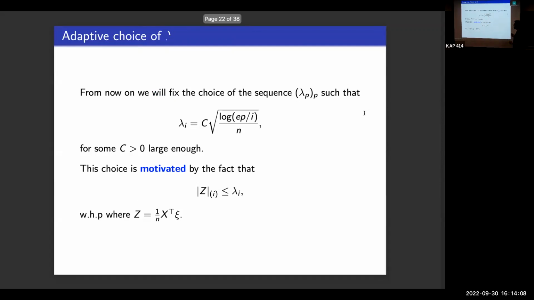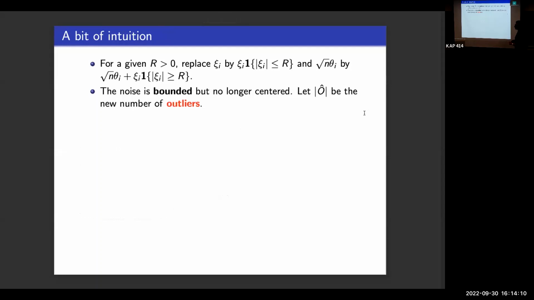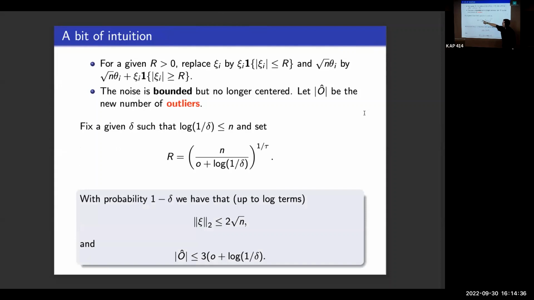But for the mu i's, you can think that your xi i's are not necessarily sub-Gaussian, so you can divide them into two buckets. One bucket where you are bounded by R, and whatever is above this level R, you can think of as outliers. So even within your noise variables, you can think of the largest ones above a certain threshold as outliers. And it turns out that if you choose your level R wisely, it's not a real barrier.